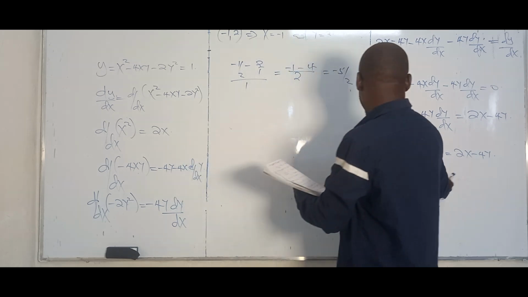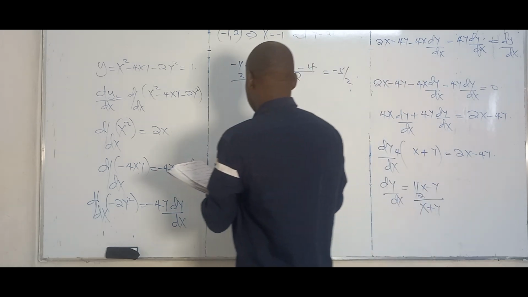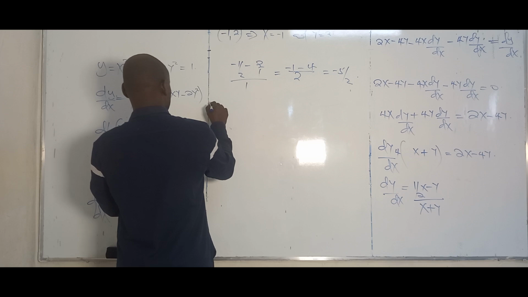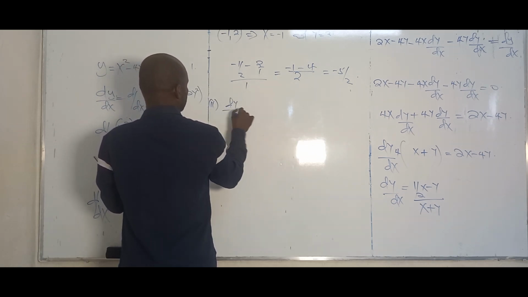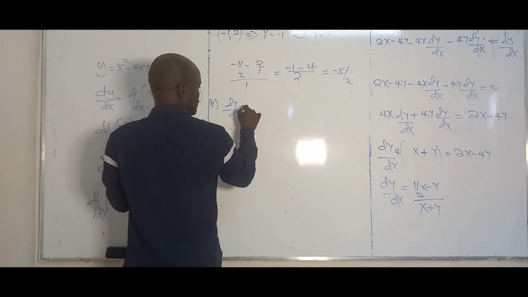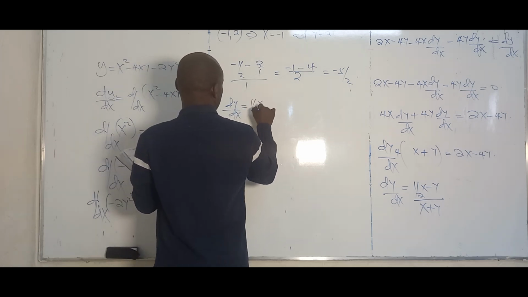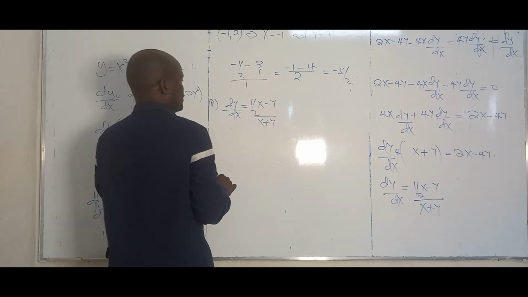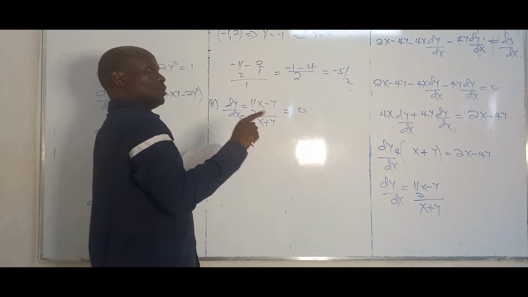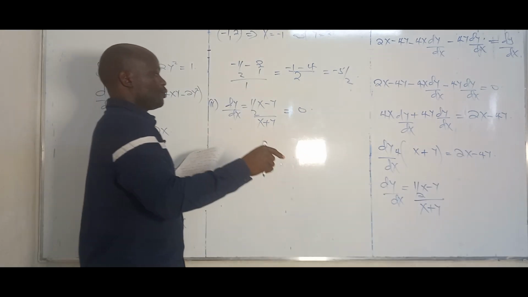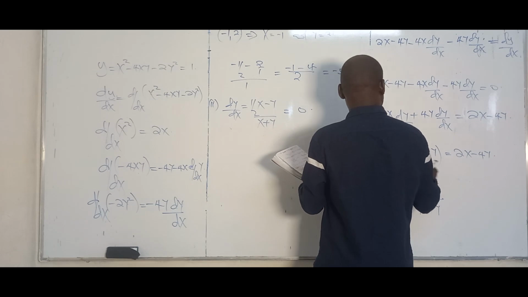So it means that we'll now test what we have here. So first, Roman 2: dy dx, which is equal to half x minus y over x plus y, should be 0. The gradient is supposed to be 0.